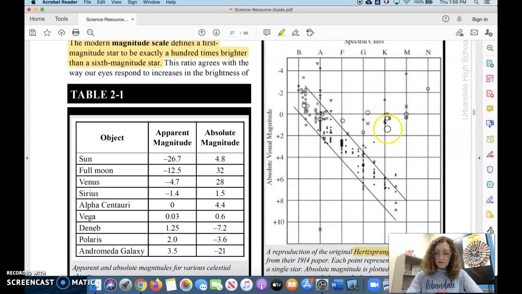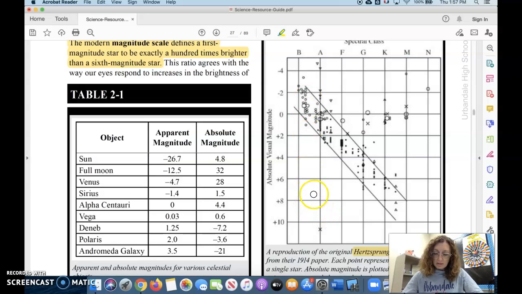That's up here. These are cool stars, but still really luminous. So these guys are kind of outside the logical sphere. What this tells us is they have to be larger than main sequence stars with the same temperature. Otherwise, they wouldn't be able to be more bright.